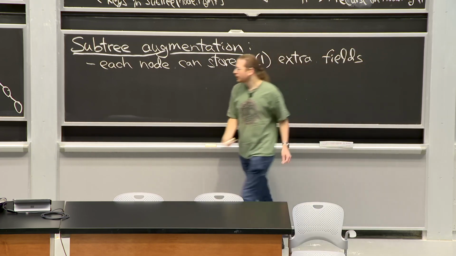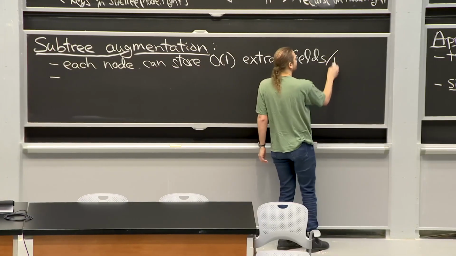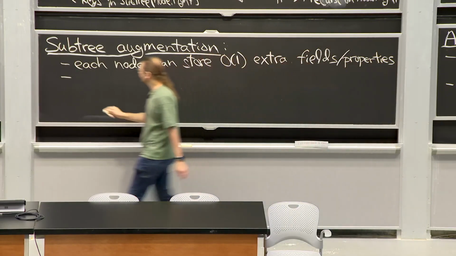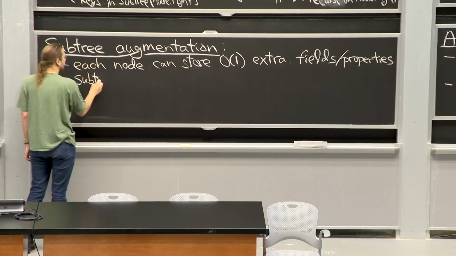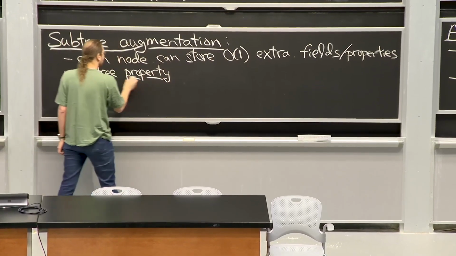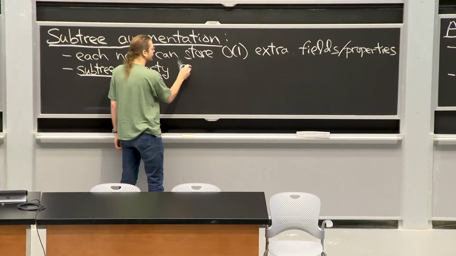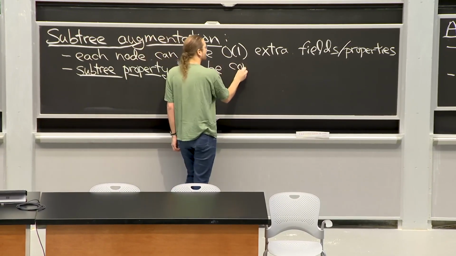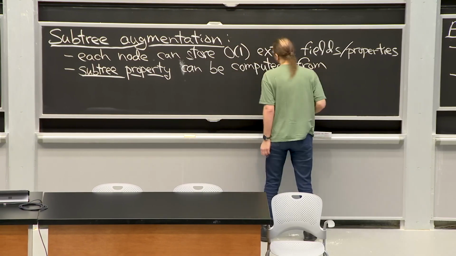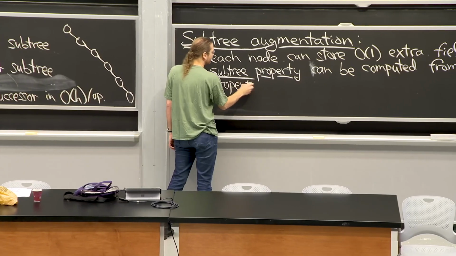And in particular, if these fields are of a particular type, or maybe I'll call them properties, I'm going to define a subtree property to be something that can be computed from the properties of the node's children.